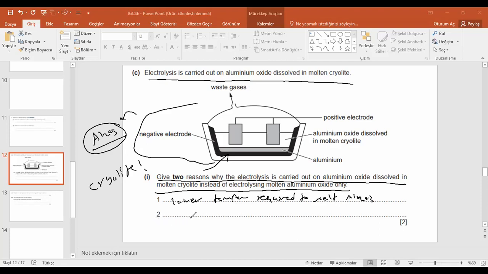And the second reason, guys, is to improve the conductivity of the electrolyte. Yeah, that's it.